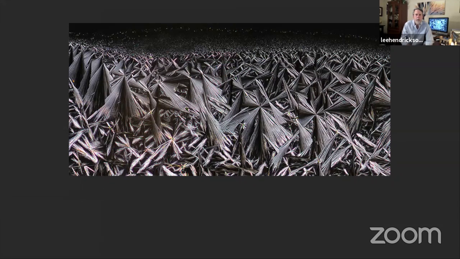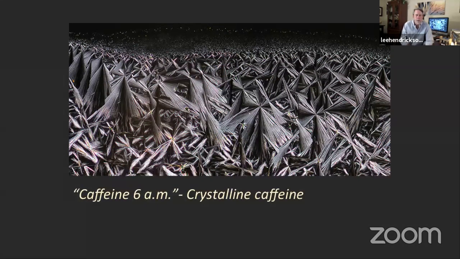This photograph, called Caffeine 6 AM, is a photograph of caffeine crystals. It is a great example of how we tend to make certain assumptions when we see a scene in front of us. In this case, the assumption that I made when I looked under the microscope was that there was this tremendous amount of depth.